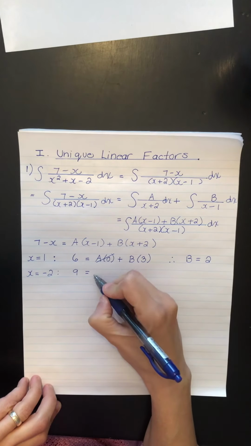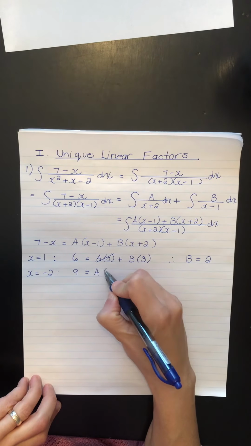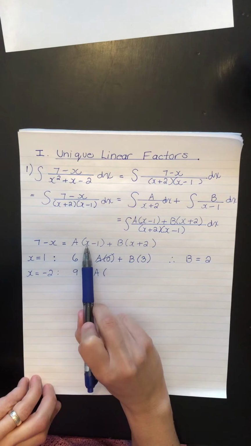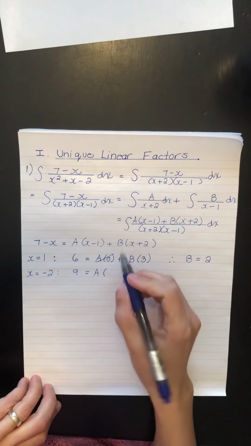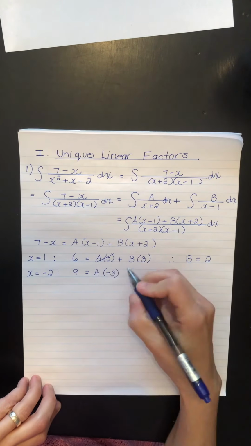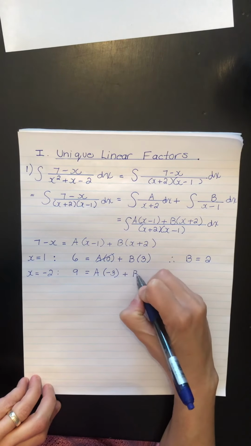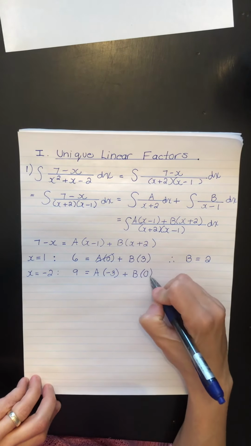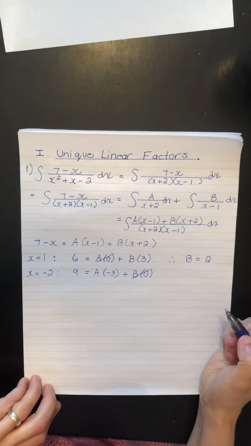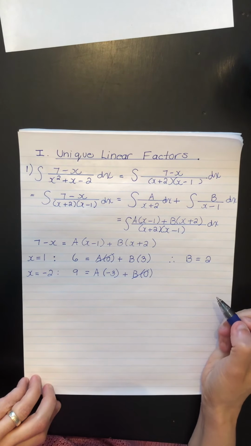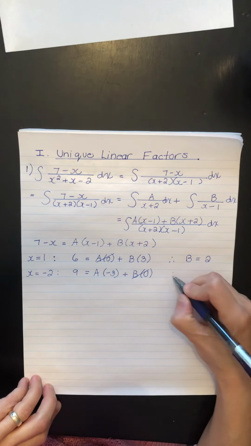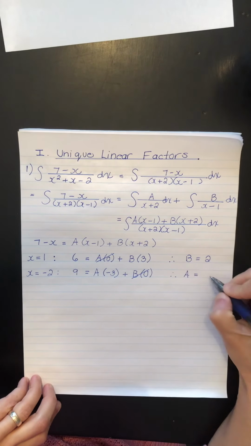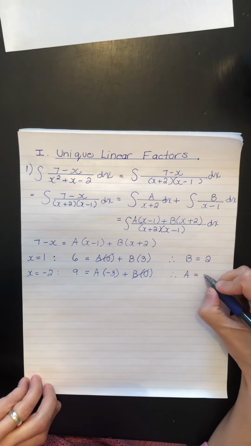On the right side, we will have A multiplied by -2 minus 1, or -3, plus B multiplied by 0. This now means that -3 times A is 9, and therefore A is 9 divided by -3.